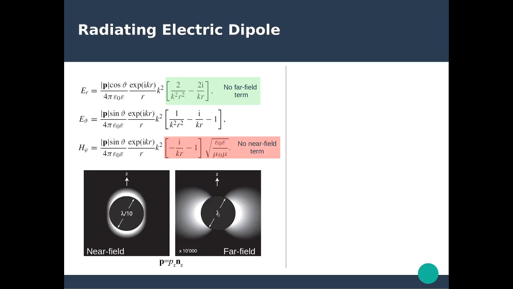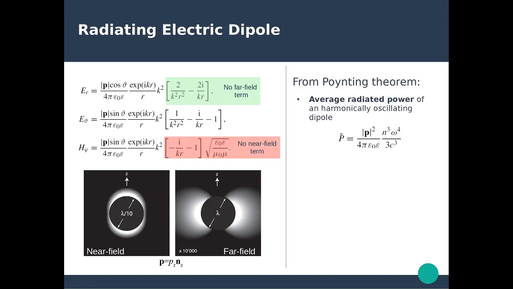Like, for instance, if you look at radio antennas, a dipole radio antenna is going to emit in a direction orthogonal to the oscillating dipole. Now let's focus on what the energy looks like for this electric dipole. You can calculate the average radiated power for this oscillating dipole.